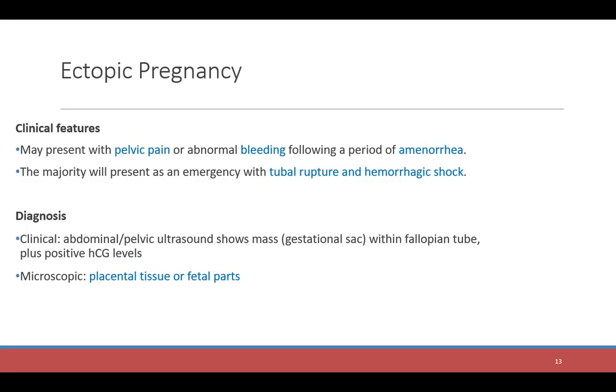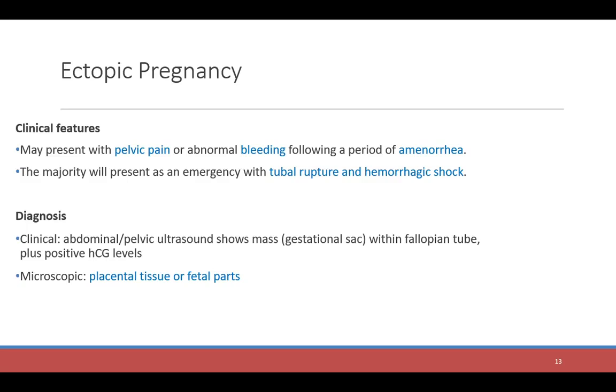The clinical features, many times it presents with bleeding, abdominal pain, amenorrhea, and so on. We go through this in the clinical. How do we diagnose it? It is diagnosed by a combination of the clinical, the ultrasound, the hCG levels, and so on.